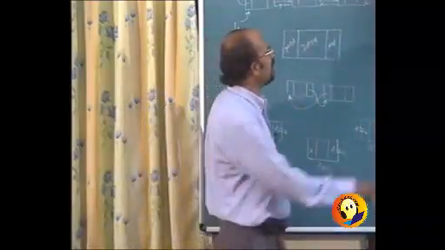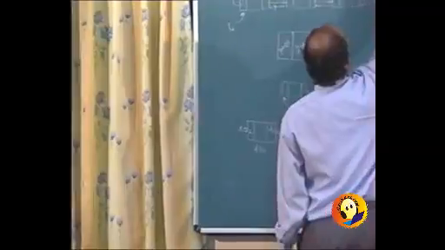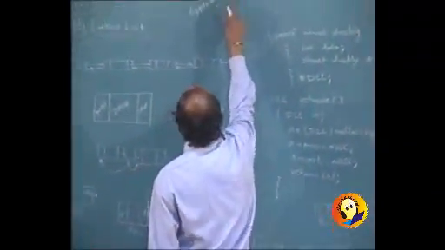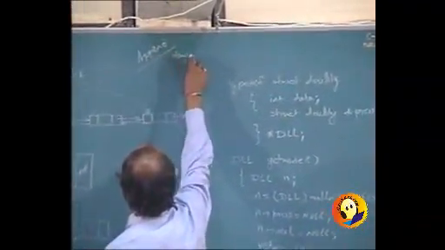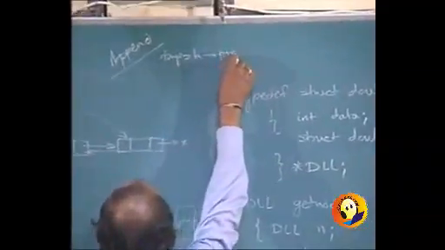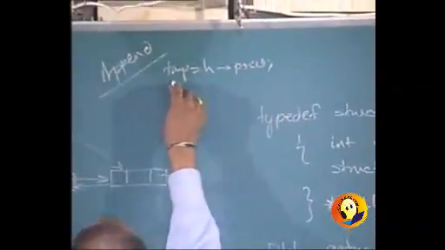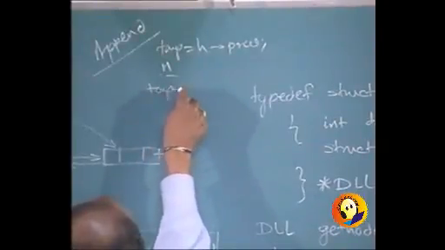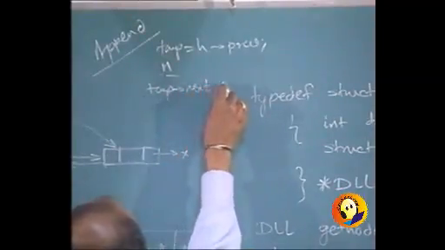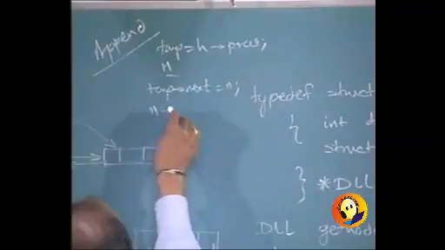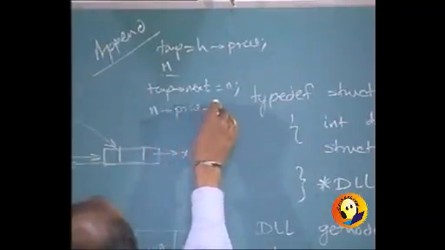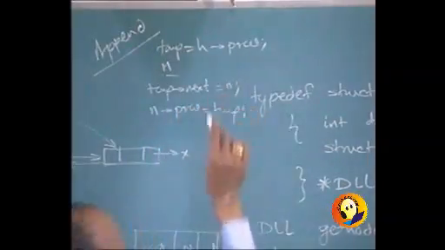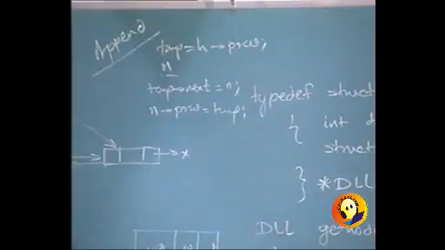So in general, for append, you will have to start by saying temp equal to h arrow previous, then create n and so on, all that work. Then you will say temp arrow next equal to n, as well as n arrow previous equal to temp. And one more job has to be done. This new node has been added at the end.